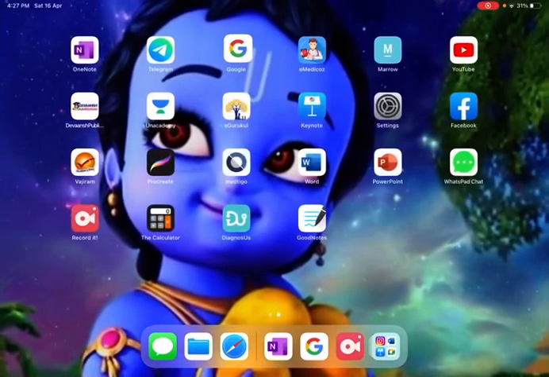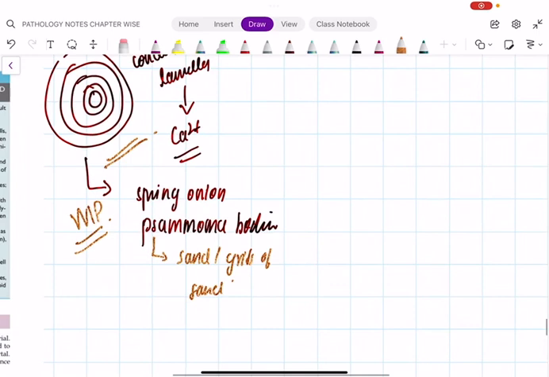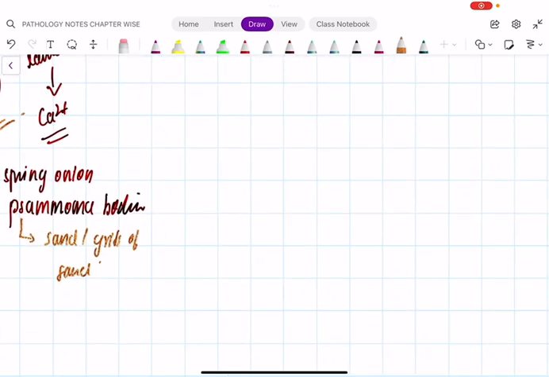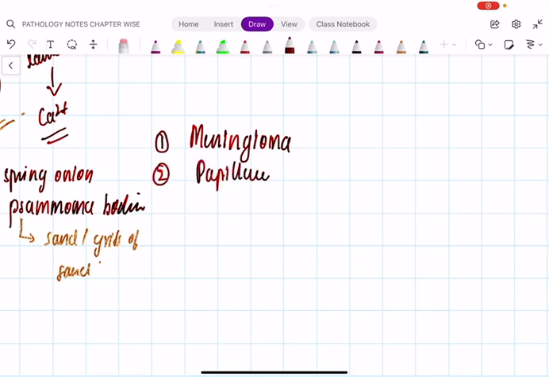Here comes the question: in what all conditions can you see Psammoma bodies? Write down the list. Number 1, meningioma. Number 2, papillary carcinoma of thyroid.